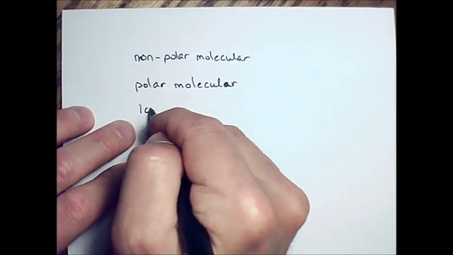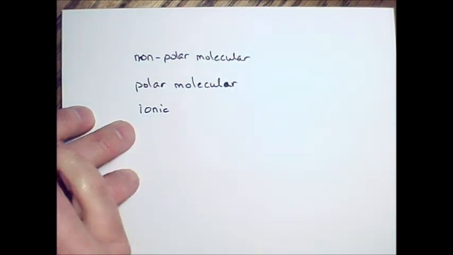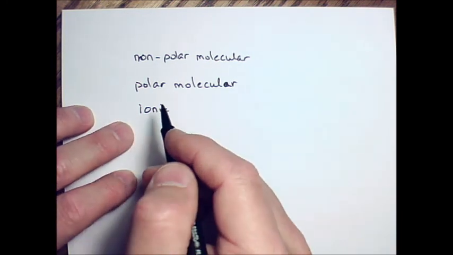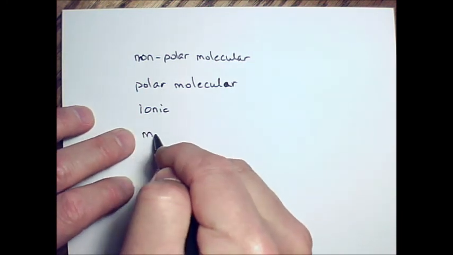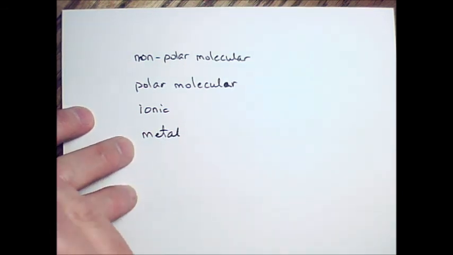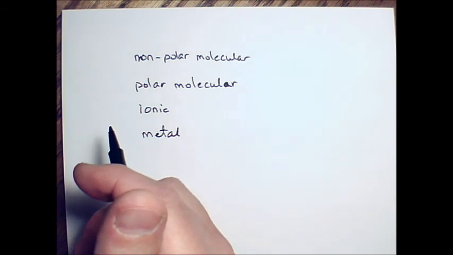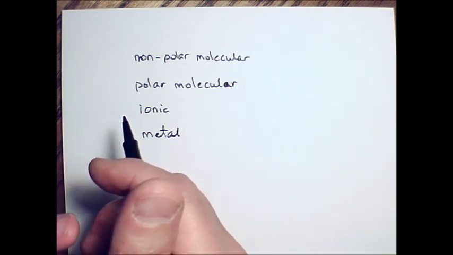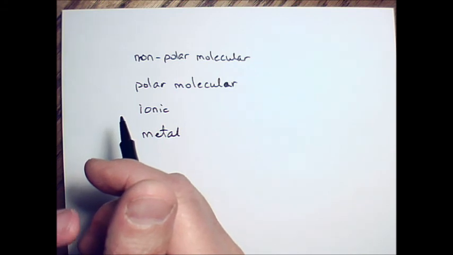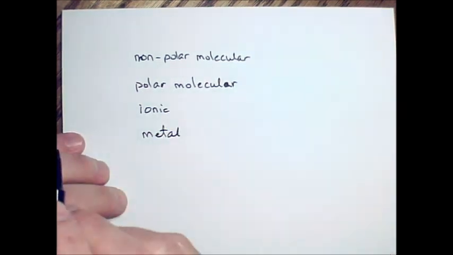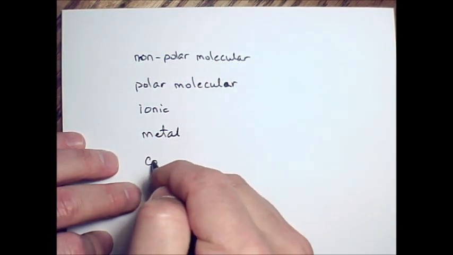We had ionic structures from ionic attractions between ionic particles. We had metal structures from metal attractions, and that model is called what? Anybody remember the electron sea model, which describes the way that metals stick together? Okay, and then we looked at covalent network compounds.